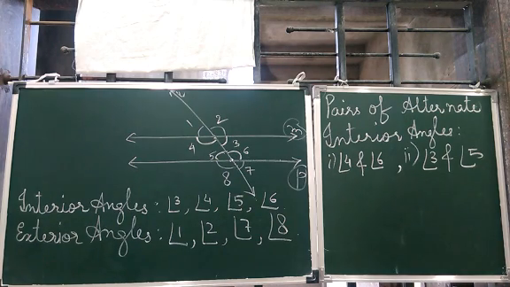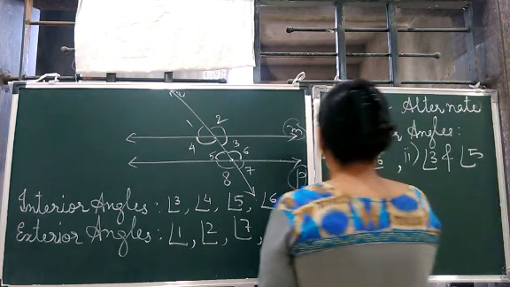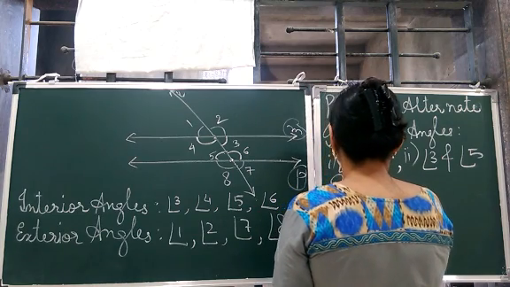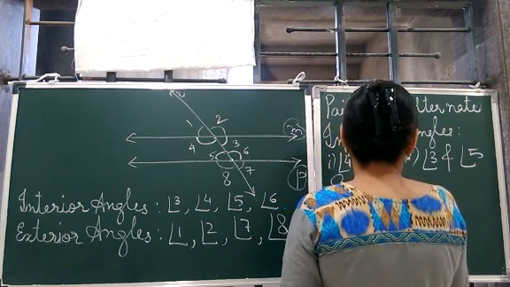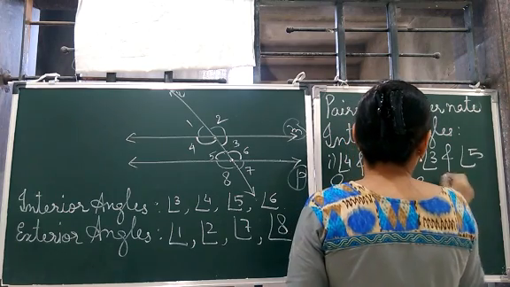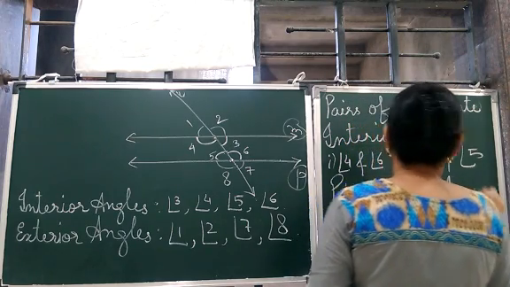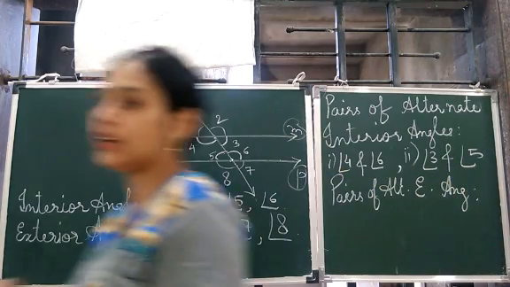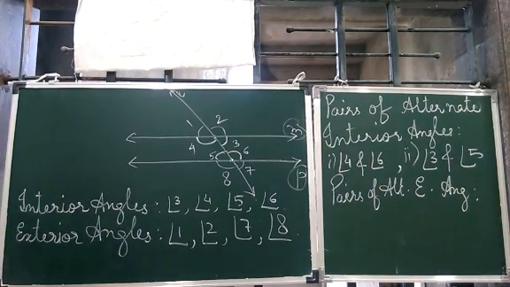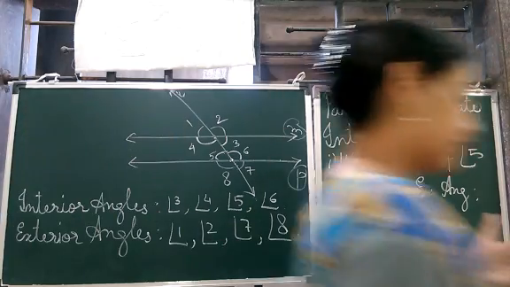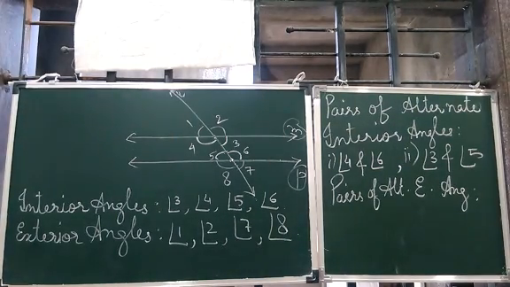Then there will be pairs of alternate exterior angles also. Pair of alternate exterior angles, again those making the formation of Z and जो बाहर होंगे.